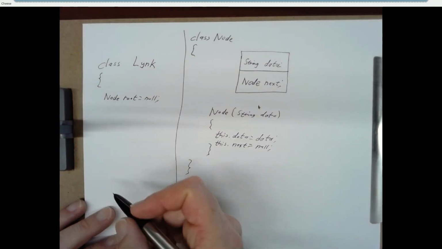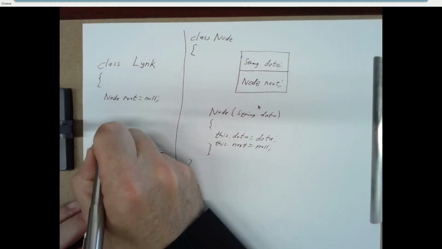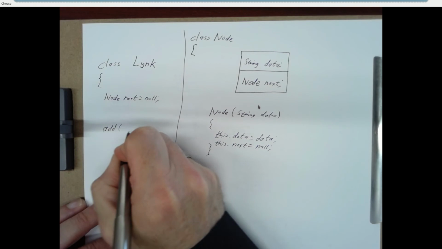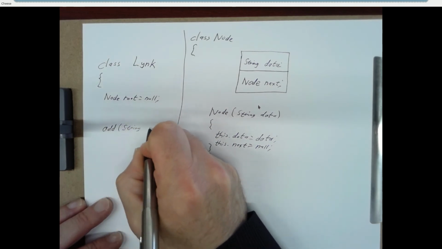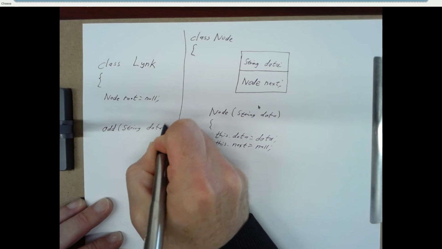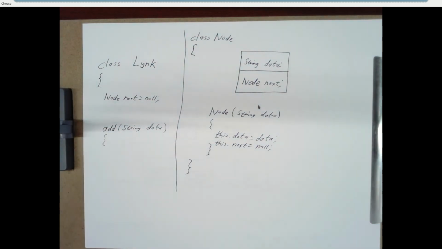All right. We want an add method. So how do we add a piece of data to, let's just add to the end of our list? We get a new node and we set the data field to the string that we pass. Mm-hmm. And we set that node next to null, basically.